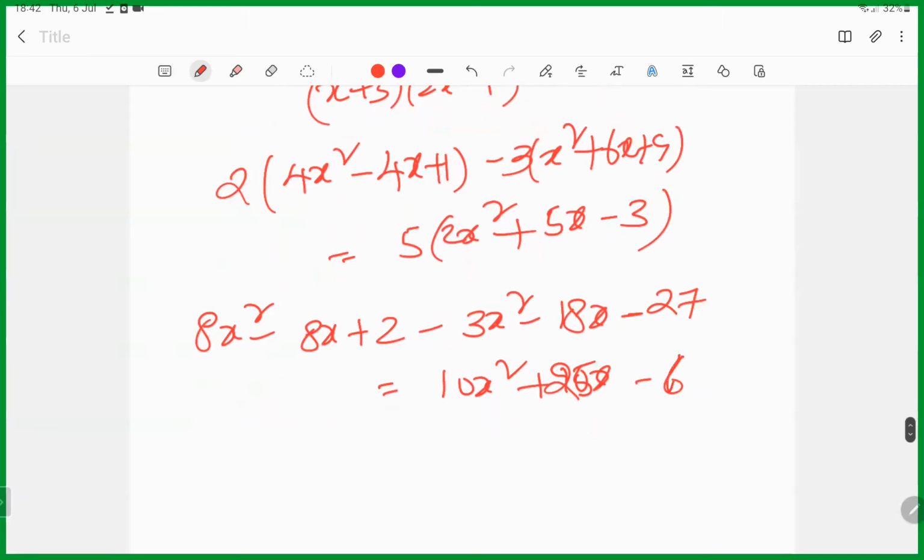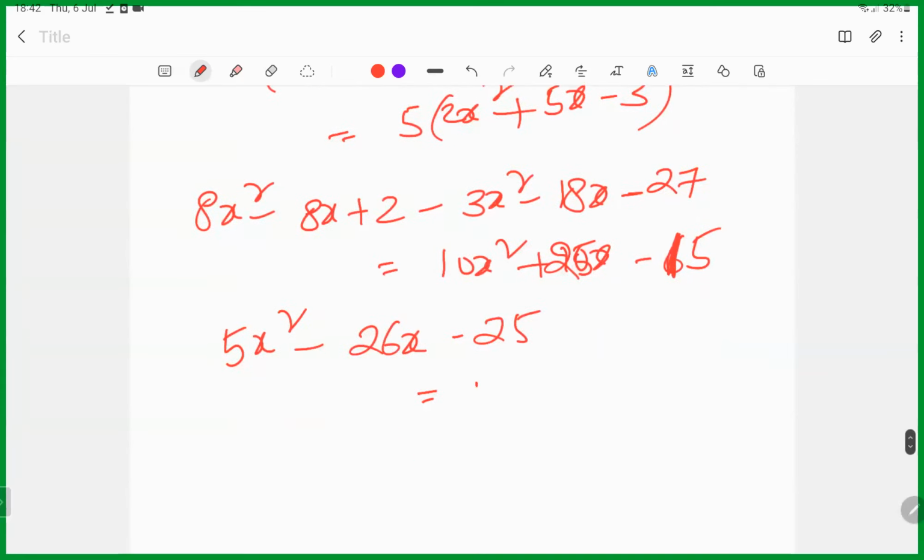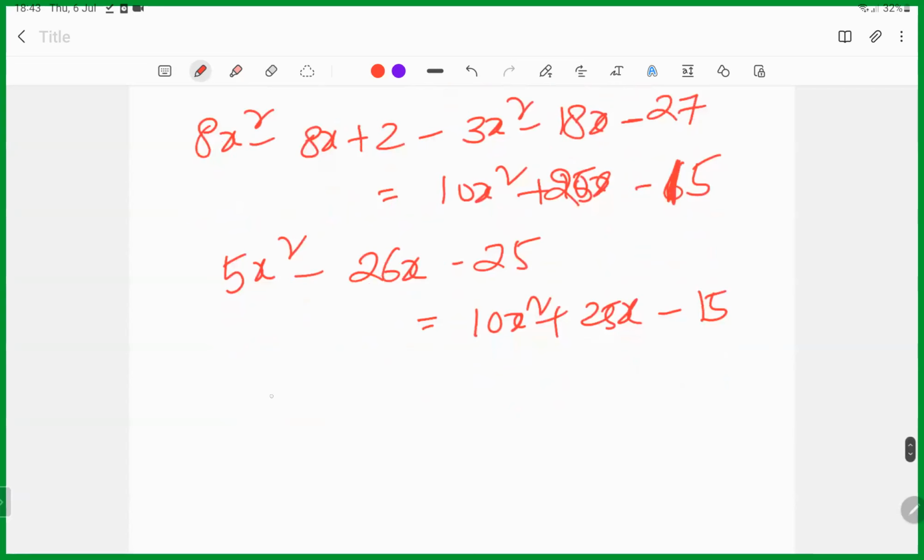I just expanded, I didn't do anything. So 8x square minus 3x square is 5x square, minus 8x minus 18x minus 26x, minus 25, equal to 10x square plus 25x minus 15, which gives 5x square plus 51x plus 10 equal to 0. Is this right?